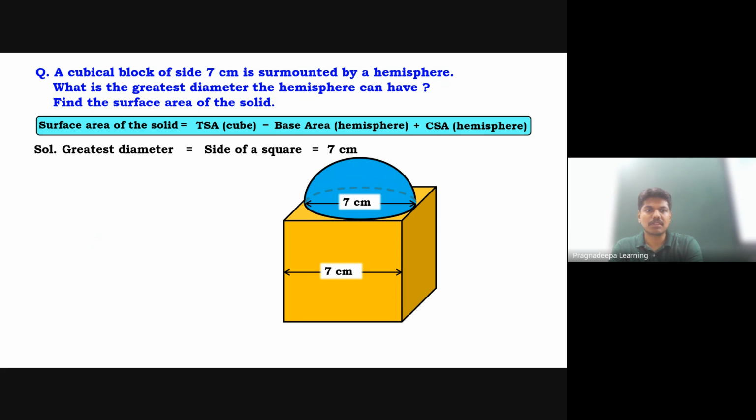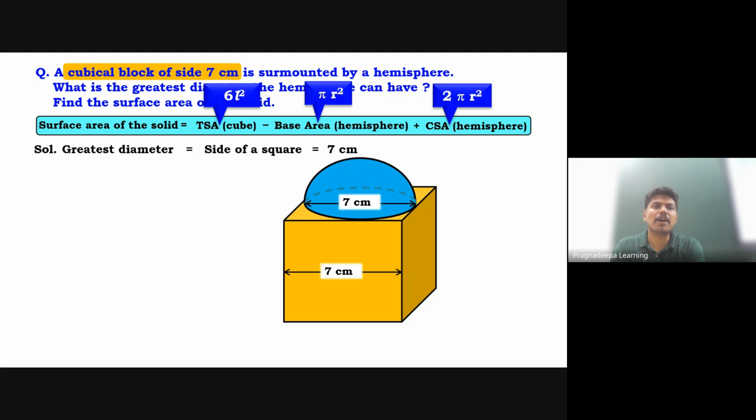So now we know that the total surface area of the cube is given by the formula 6L square, or 6 side square, whatever you can write. And note that the base of the hemisphere looks like a circle, therefore it is pi r square. And the curved surface area of the hemisphere is given by 2 pi r square. So let's quickly see whether we know all these terminologies or not.